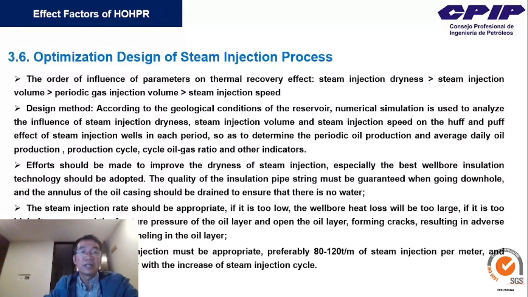3.6 is optimization design of the steam injection process. The first one is the order of influence of parameters on thermal recovery effect: steam injection dryness, steam injection volume, periodic injection volume, and steam injection speed. The design method is according to the geological conditions of the reservoir.